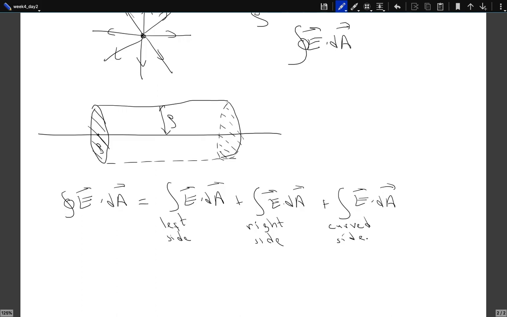And similarly, on the right side, this is the direction of the dA vector. The electric field vector is in one of these directions, depending on where you are, but they are always perpendicular. So the contribution of this side will always be 0. So this is 0. This is 0. The only thing that remains is the E dot dA integral over the curved side.